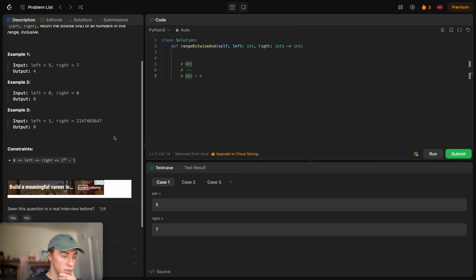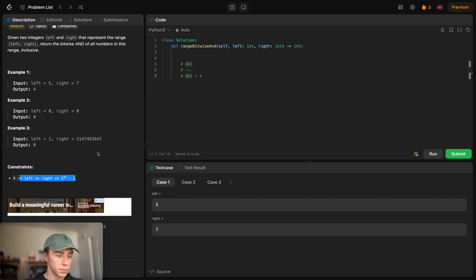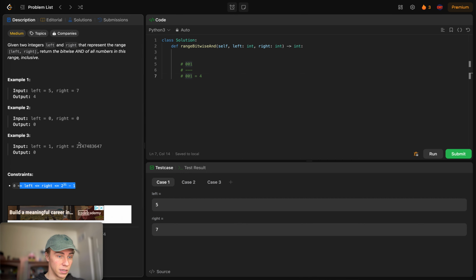I'm wondering if there's a better way to do this, because it seems that the constraints here aren't very limiting. They basically say that the biggest number can be 2 to the power of 31 minus 1, which is a pretty significant number, so we don't want to do it in O of n.